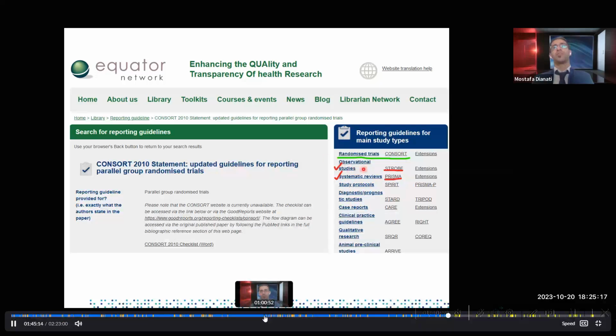Remember that for observational studies, we had STROBE. Keep it in mind for our next presentation, for systematic reviews it is PRISMA. PRISMA, STROBE, and CONSORT. These are key factors that I want you to prepare in order to write your manuscripts in the future.